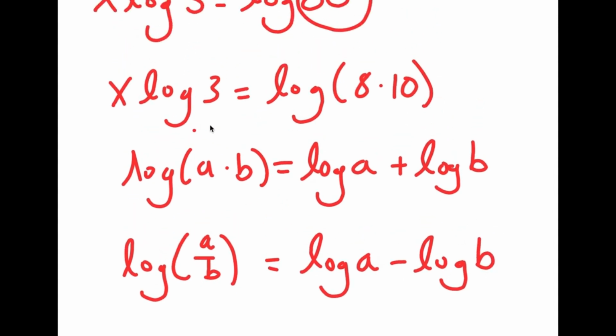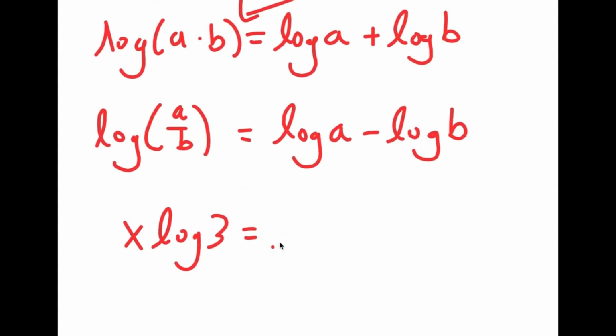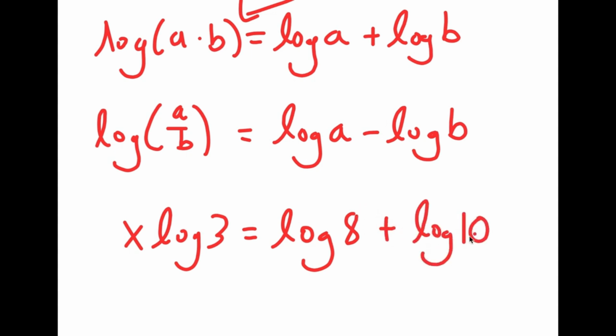So now going back to the problem, we have log 8 times 10, and we can use this property. So we can think of 8 as a and 10 as b. So this is going to equal x log 3 is equal to log of 8 plus log of 10.